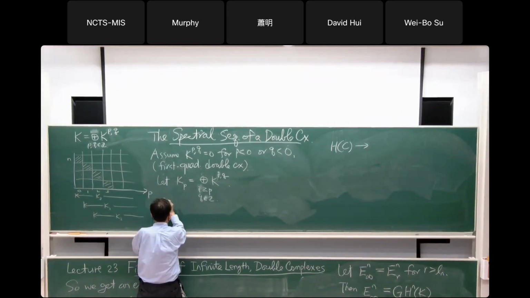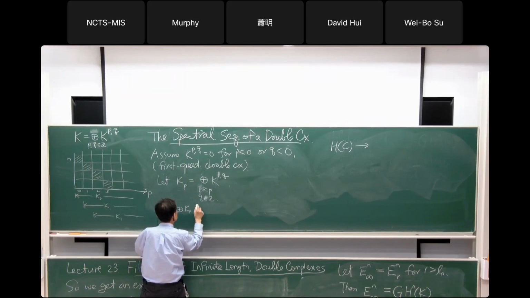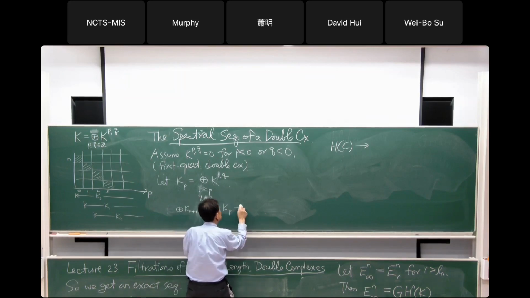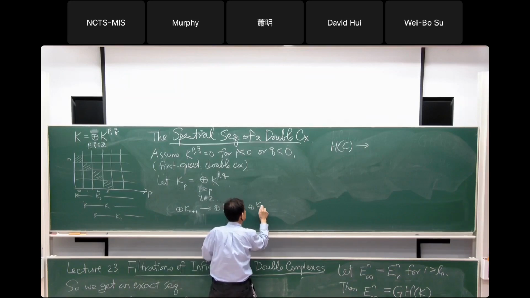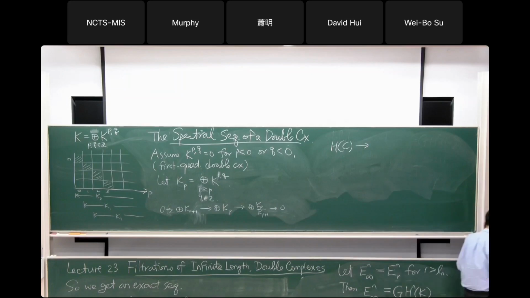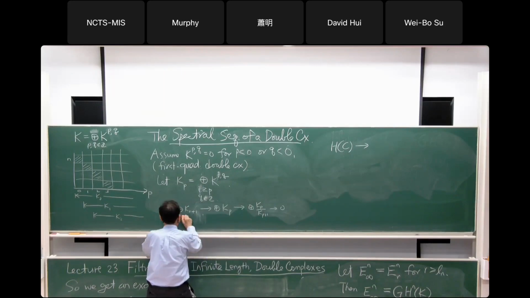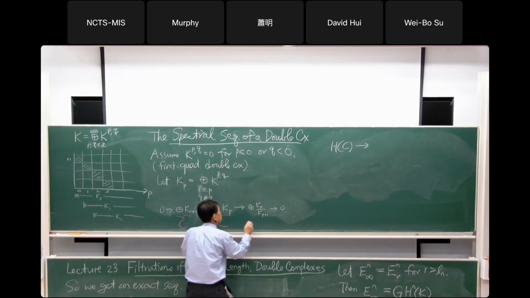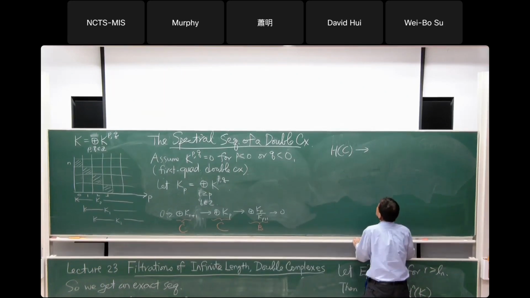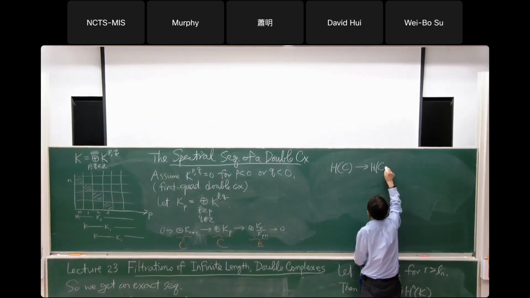So C is the direct sum of Kp over Kp plus 1, the direct sum of the quotients. This is C, this is B. And the first exact couple is this one.